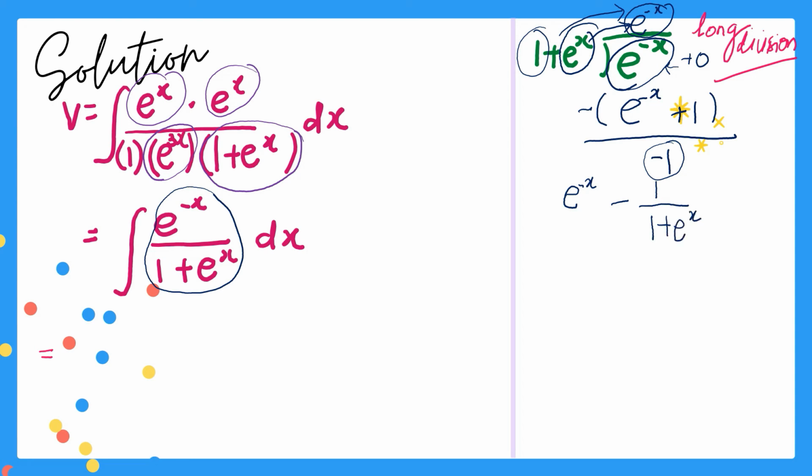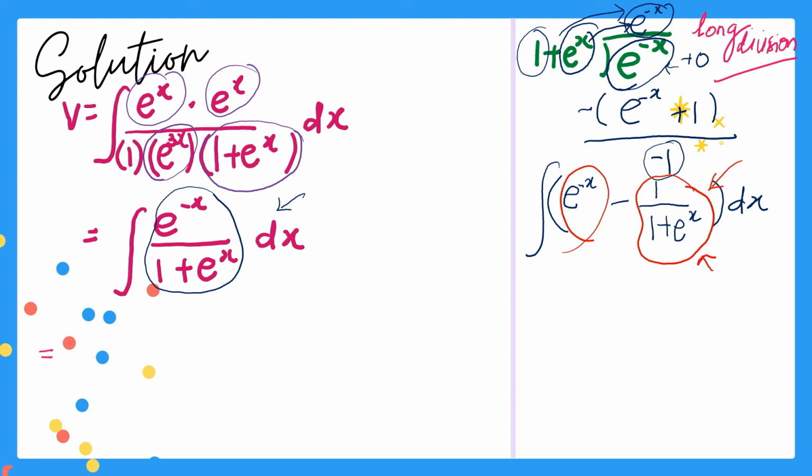Now we can say that the integration of this one is actually equivalent to integrating this. Note that the integration of this one is just direct integration. We get the solution, which is negative e^(-x). But here you need to do something: we already found the solution of this previously, so we can just take the solution that you found previously.